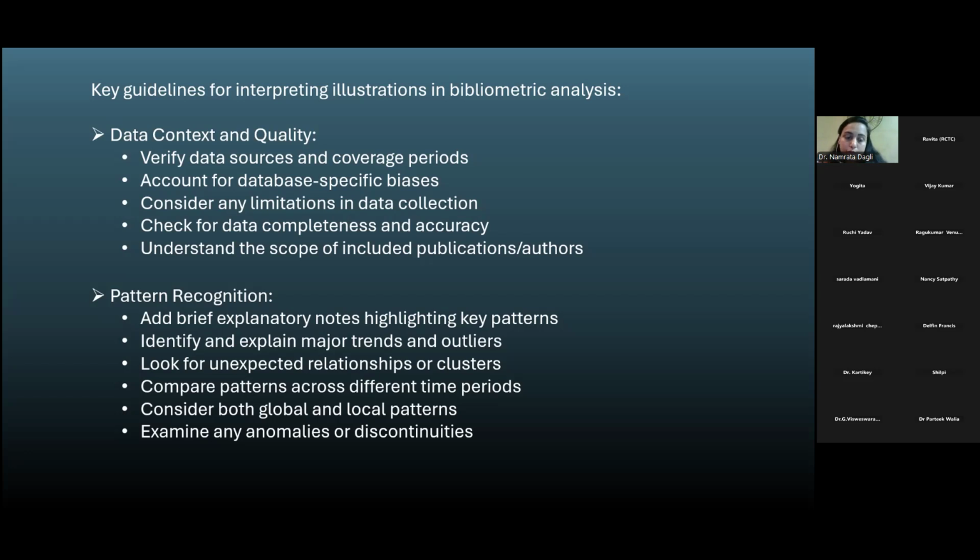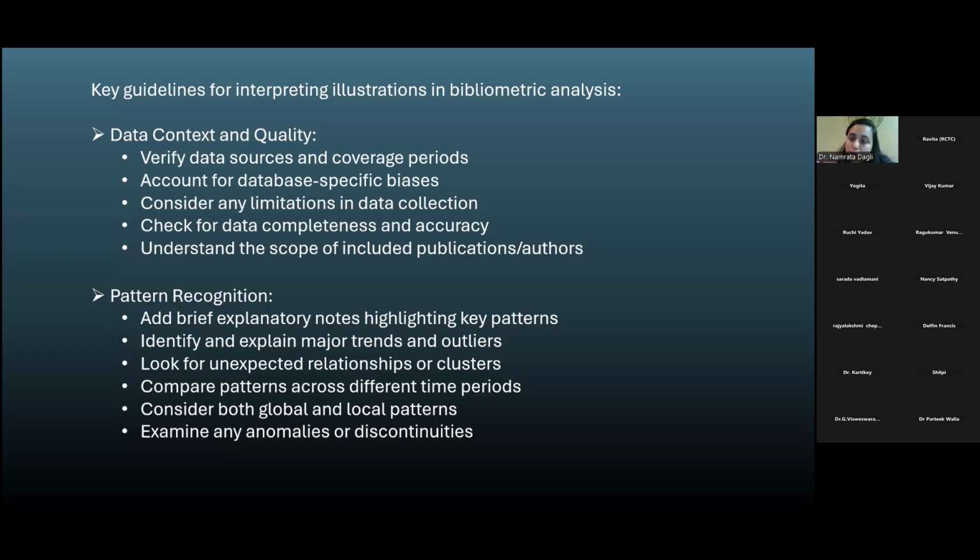Pattern recognition. Add brief explanatory notes highlighting the key patterns. Now, when you see a figure, how do you interpret it? First of all, you need to identify key patterns. What is happening? If it is the number of publications, then notice whether there is any sudden spike in that graph, or a sudden decline, or whether the number of papers is consistent over the years.